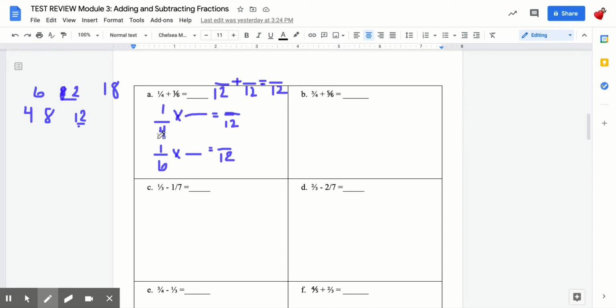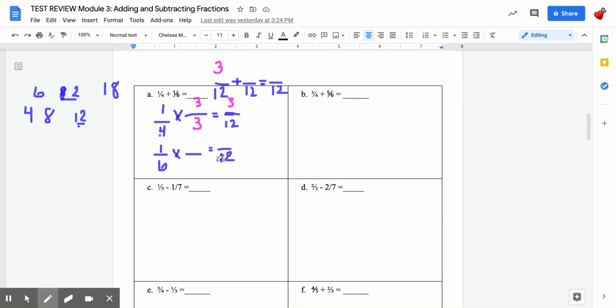All right, well, what am I going to multiply 4 by to make 12? This is just like our missing units or our missing factors. Well, I know 4 times 3 is 12, so I need to multiply 3/3. So 1 times 3 is 3, and we already know that 4 times 3 is 12. So my first new fraction is going to be 3/12.